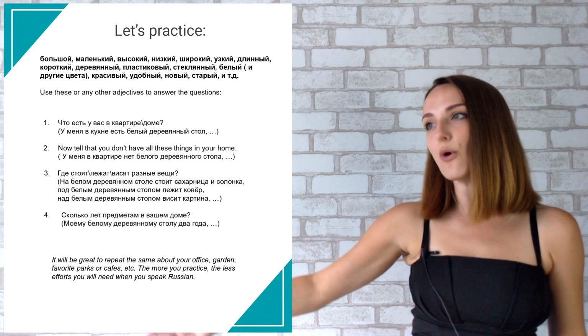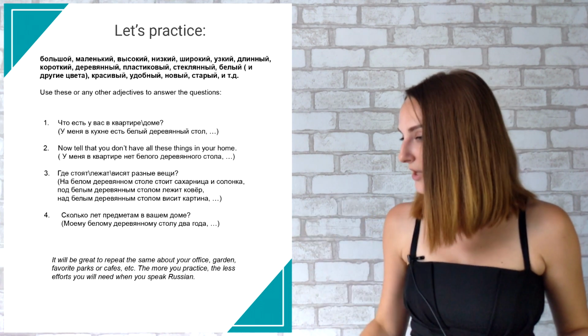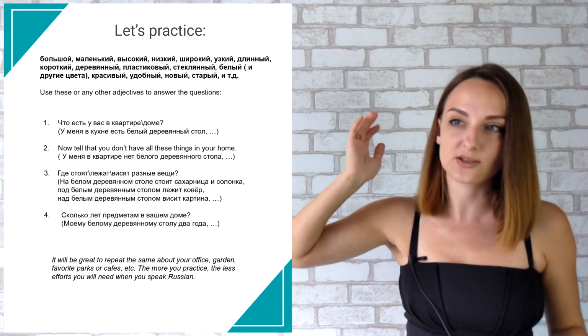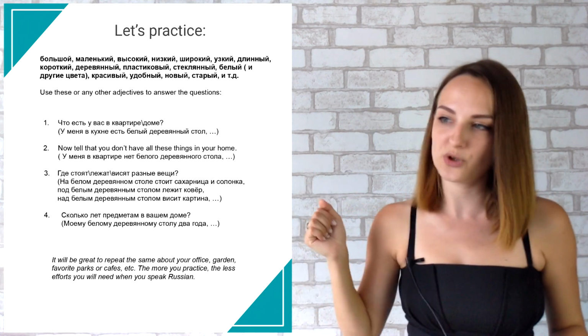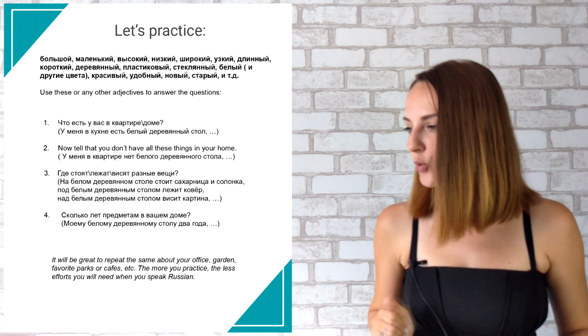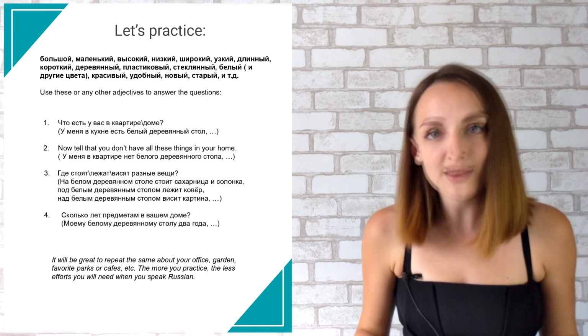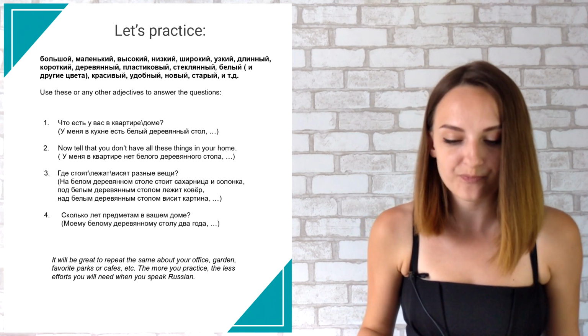And you just say what you have using adjectives. У меня есть белый стул, у меня есть синий шкаф, у меня есть белые шторы, у меня есть широкий подоконник, у меня есть коричневый стол, and so on, everything that you see.